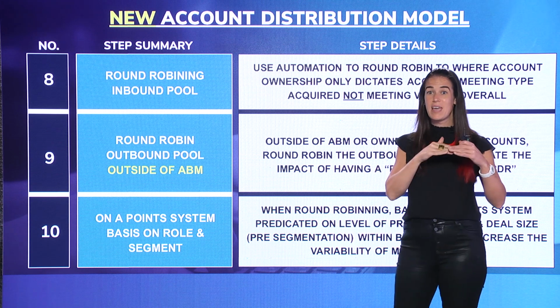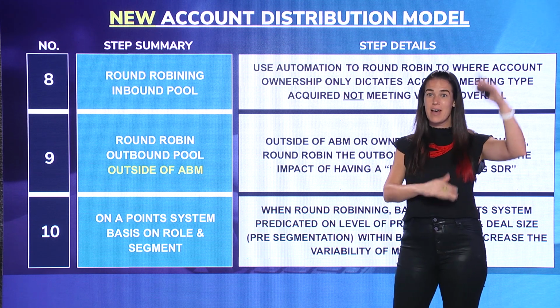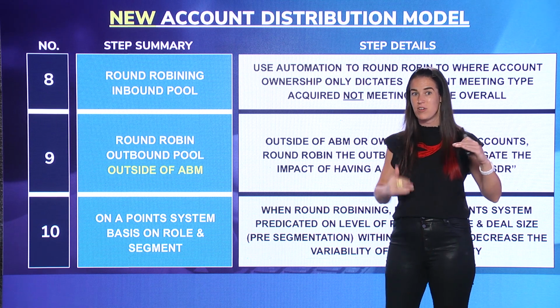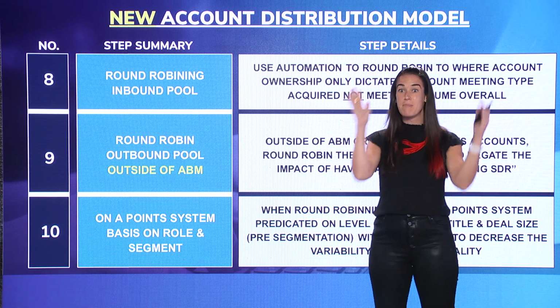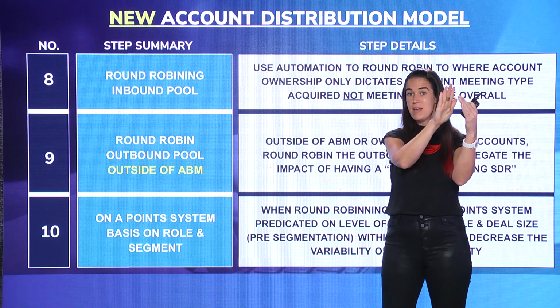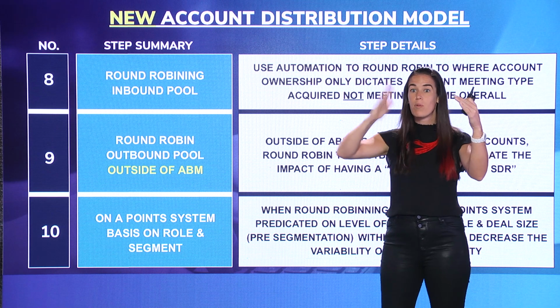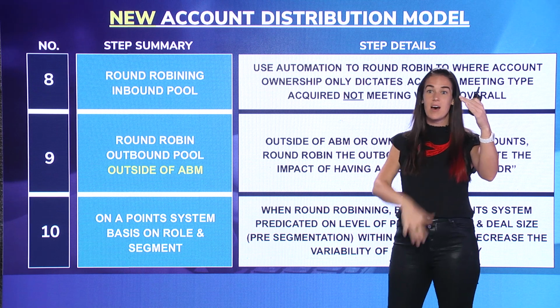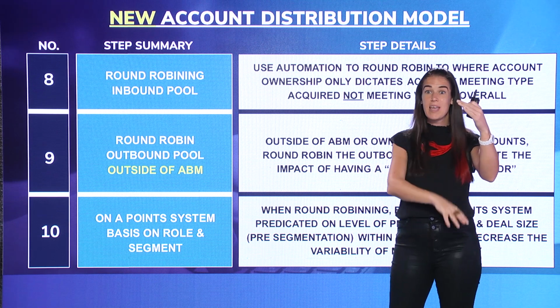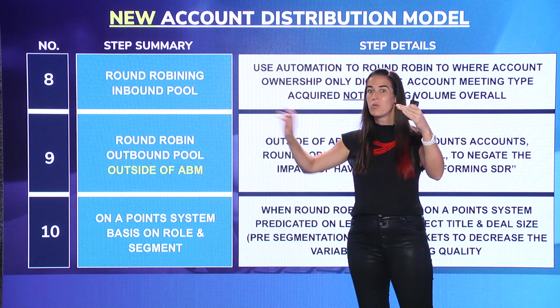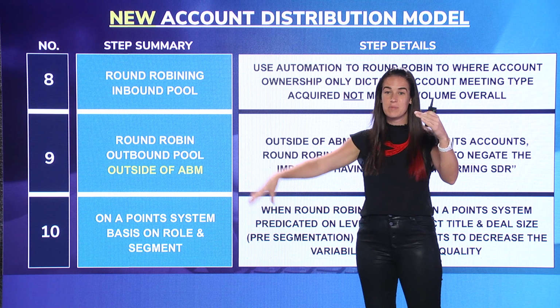So I usually give my account executives 100 ABM accounts, 100 non-ABM accounts, so that hits the 200, and then their SDR is mapped to them in terms of the 100 ABM, and then the SDR can have 100 non-ABM that run the gamut. So maybe in this non-ABM portion, they have 20 accounts from Ben, 20 accounts from Dan, 20 accounts from Bo, 20 accounts from Karen, 20 accounts from Devin.